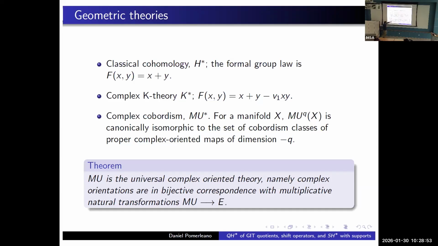In other words, complex orientations, meaning these choices of classes of generators in E2, are in bijection with multiplicative natural transformations from MU to your cohomology theory. The point I want to make is that there are tons of other complex-oriented cohomology theories, but they're more algebraically constructed.